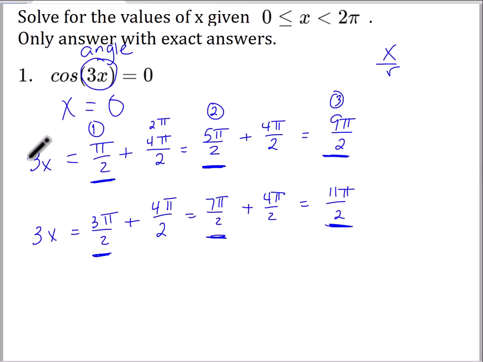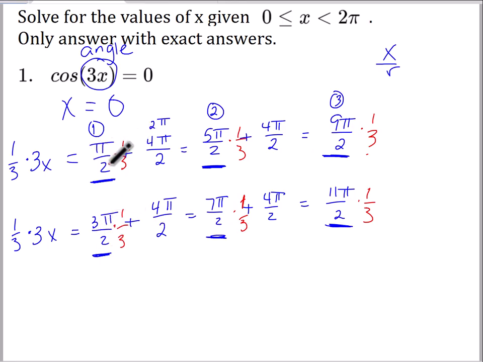And so here, I'm going to take all of this and multiply by 1/3. 1/3 is going to get multiplied by every single one of these. All of these are going to get multiplied by 1/3.